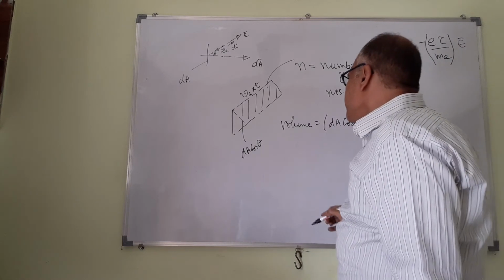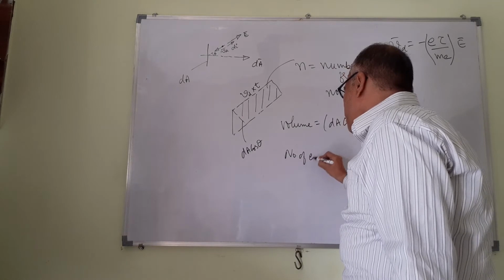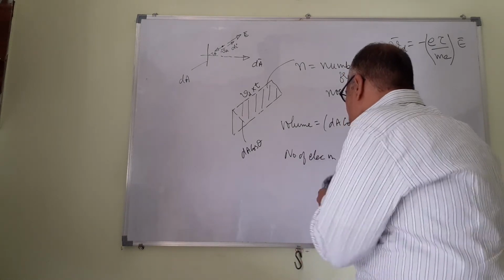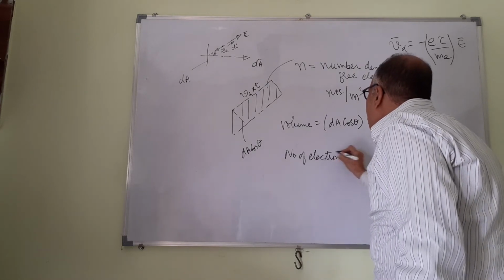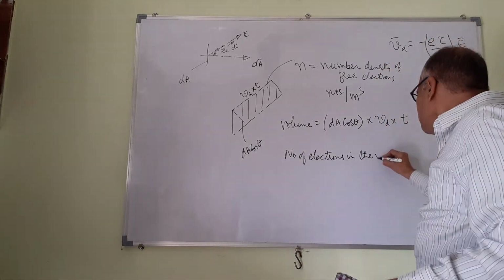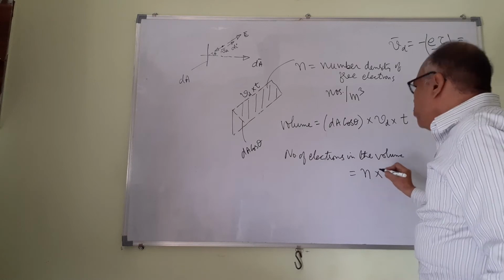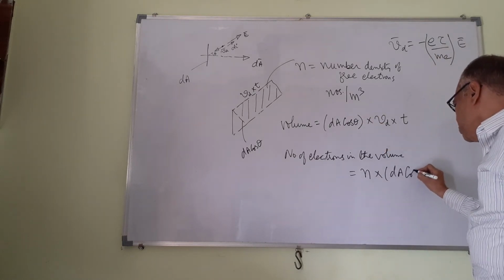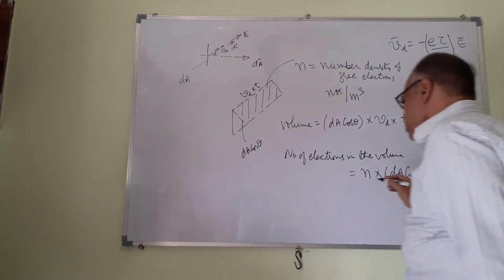So obviously the number of electrons in the volume would be N into the volume, that is dA cos theta into Vd into t.